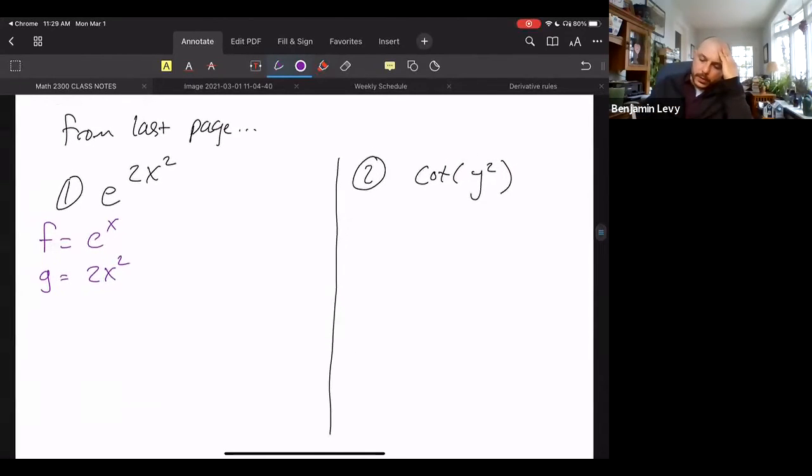On this one, the outside function is cotangent. The inside function is y squared. So ignore what's on the inside and then account for it later. All right, I'm just going to stop there for a second, let you think about how to finish that one off, and then we'll look at it together.